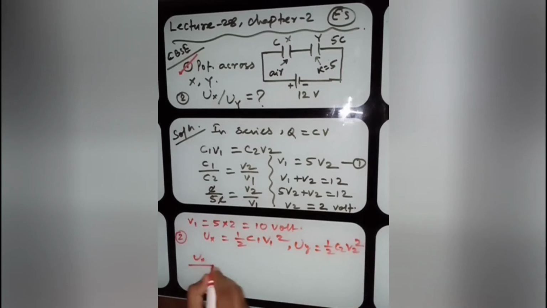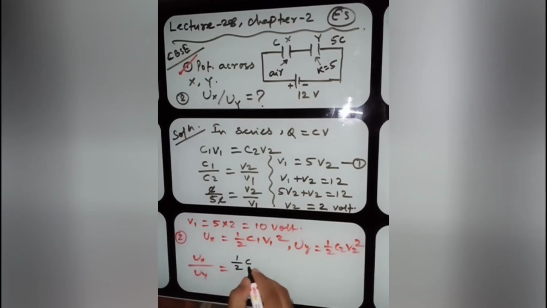So Ux by Uy you can write as half C into V1, which is 10, square, divided by half C2, which is 5C, into V2 square, where V2 was 2 volt, so 2 square.